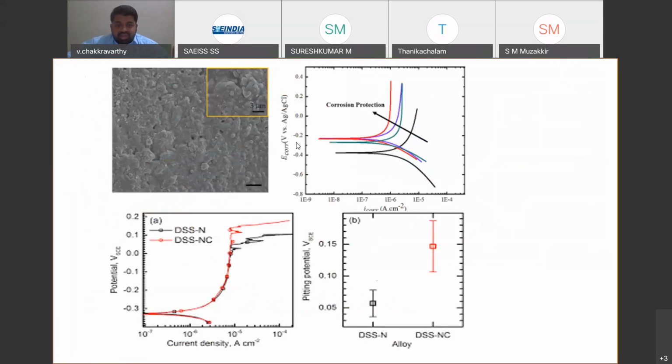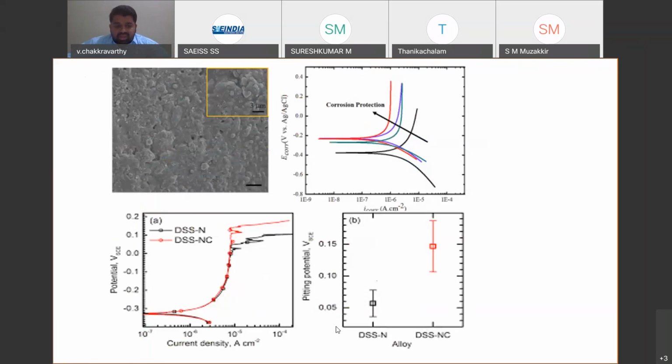So here we could observe some graphs. This red color line is showing the highest corrosion resistance as compared to the black, blue, and violet colors. Among all these colors, the red one has the highest corrosion potential.